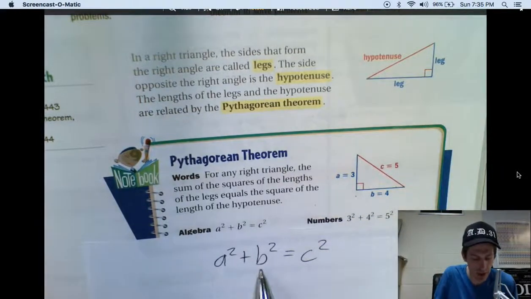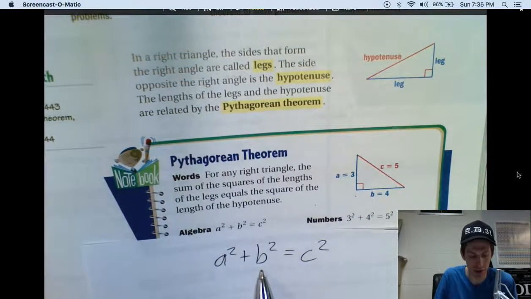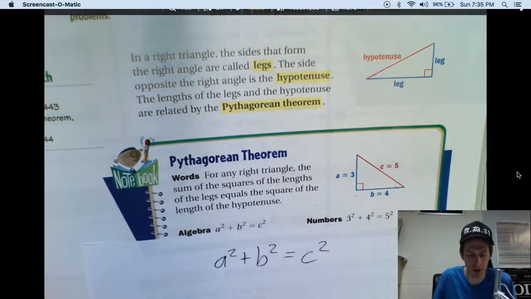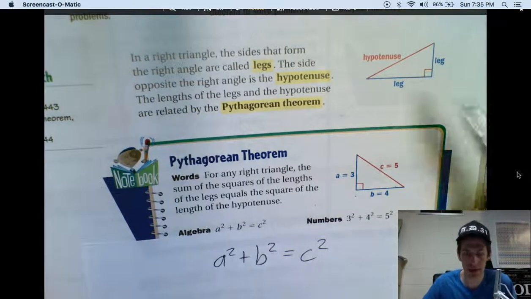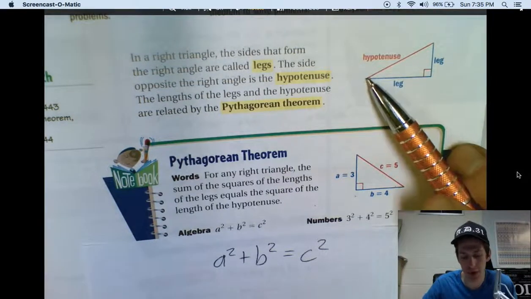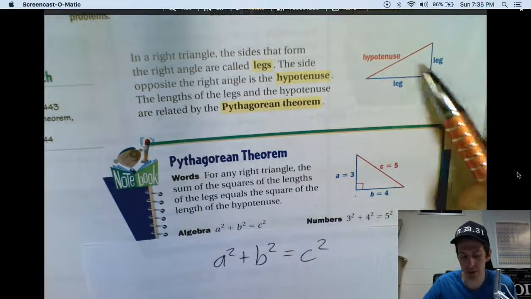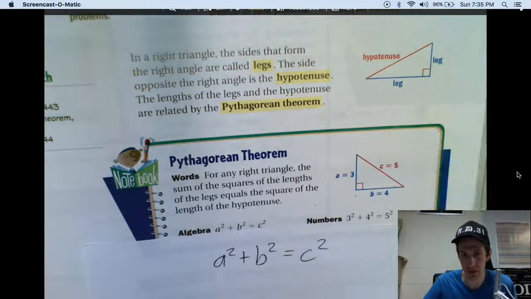So leg, leg, hypotenuse. Doesn't matter which leg you put in where here. But the c is always the hypotenuse. Now, what is leg and leg? The legs always form that right angle. The hypotenuse is always that big, long, slanted one on the opposite side of the right angle.